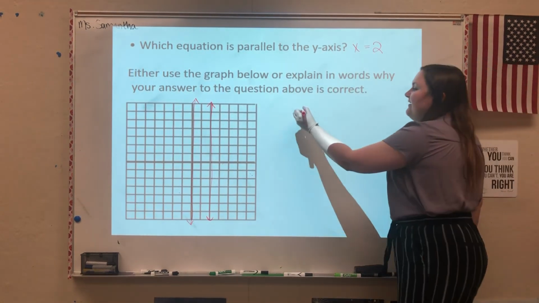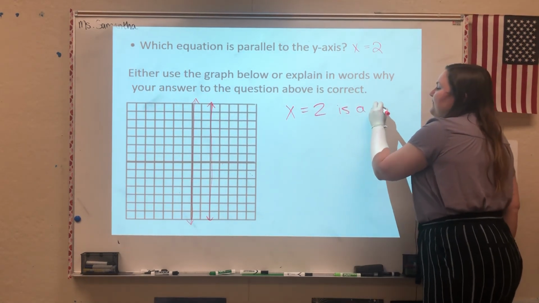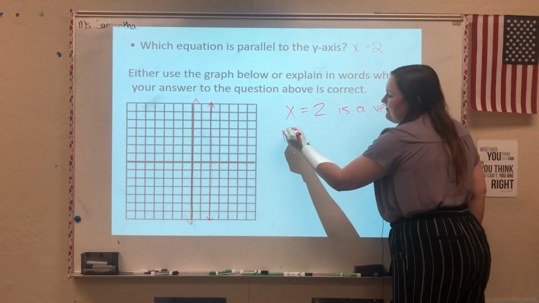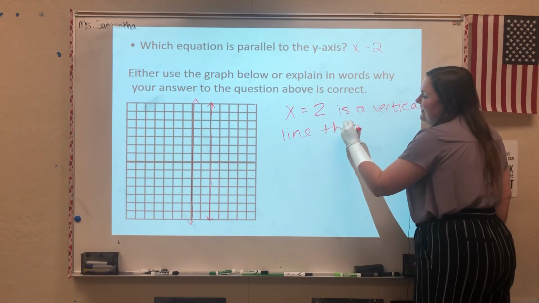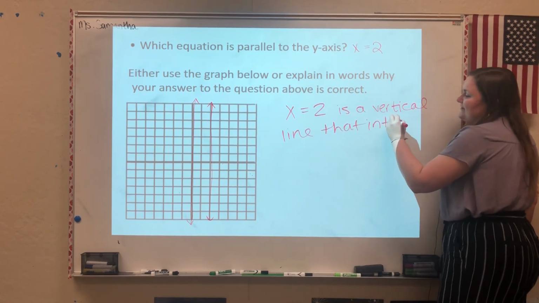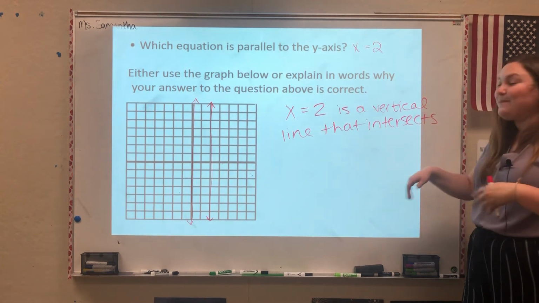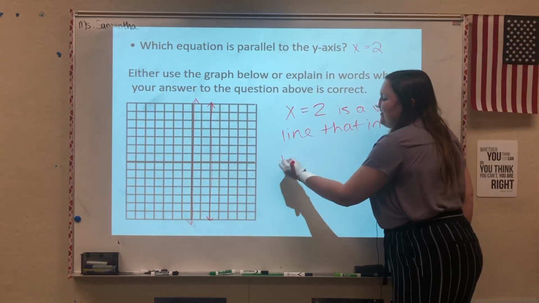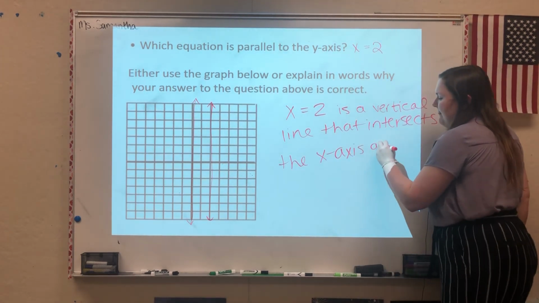You could say something like x equals 2 is a vertical line. You could stop right there, or you could say a vertical line that intersects. Intersects just means like crosses or passes through. So you could say it's a line that intersects the x-axis at 2.